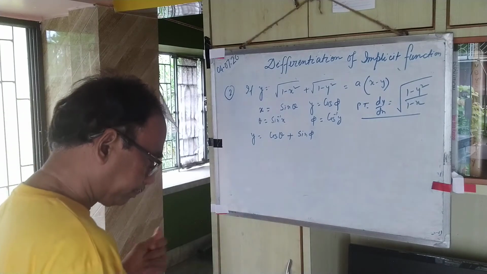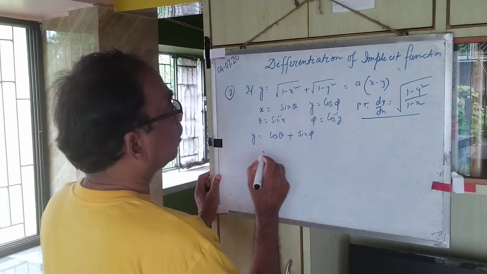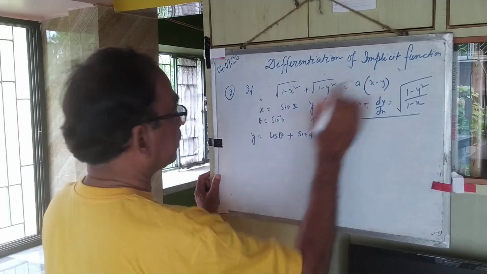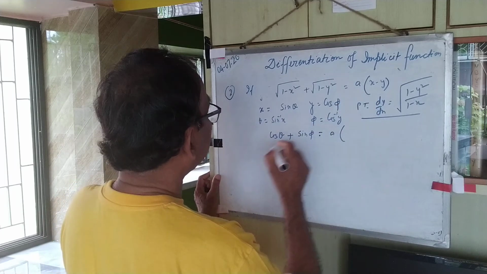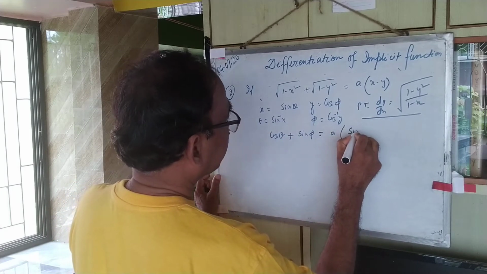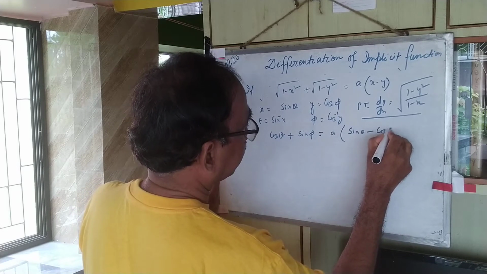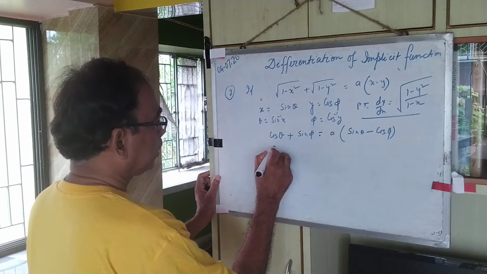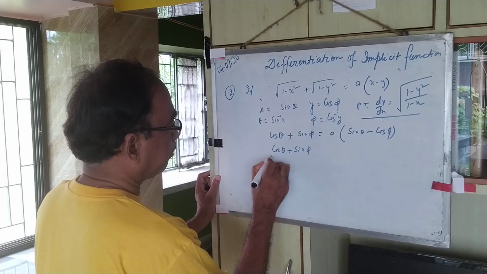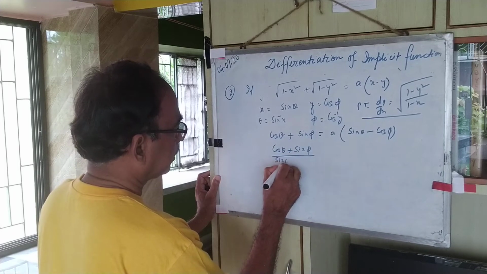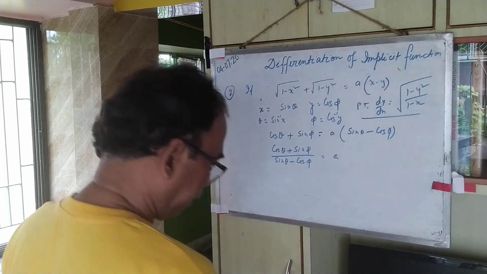Now this equals a, x is sine theta minus y is sine phi. Then cos theta plus cos phi by sine theta minus sine phi equals a.